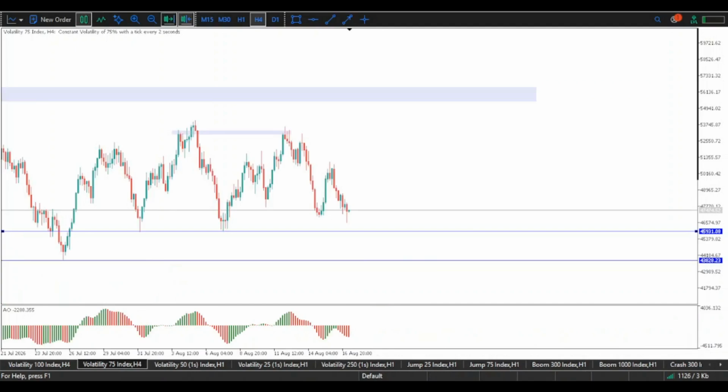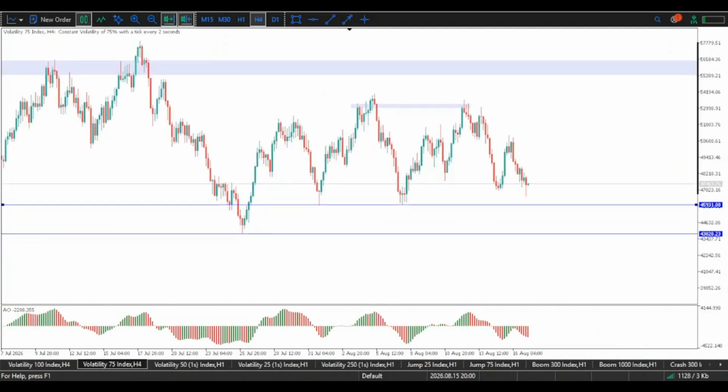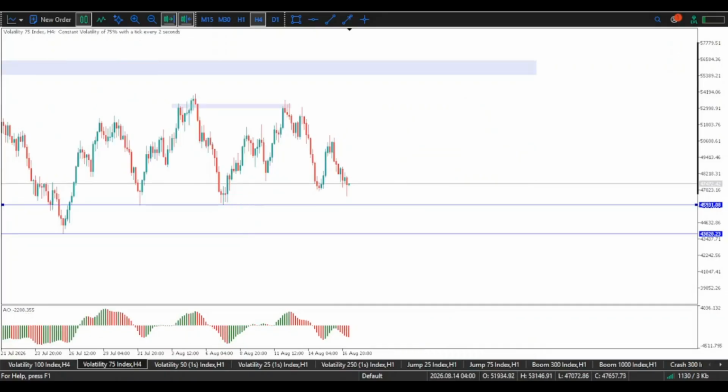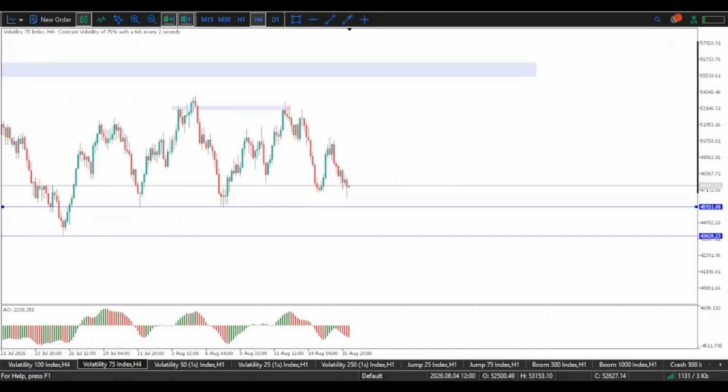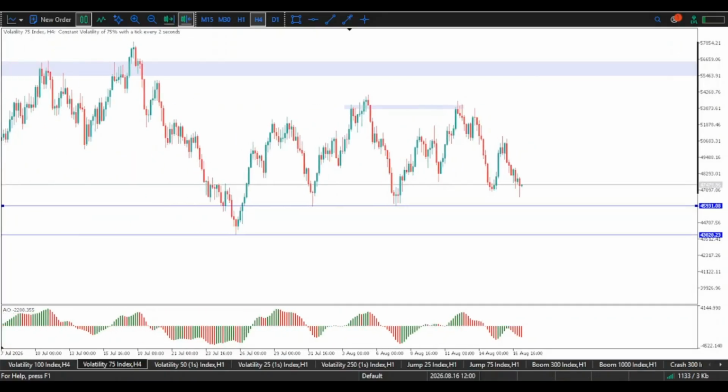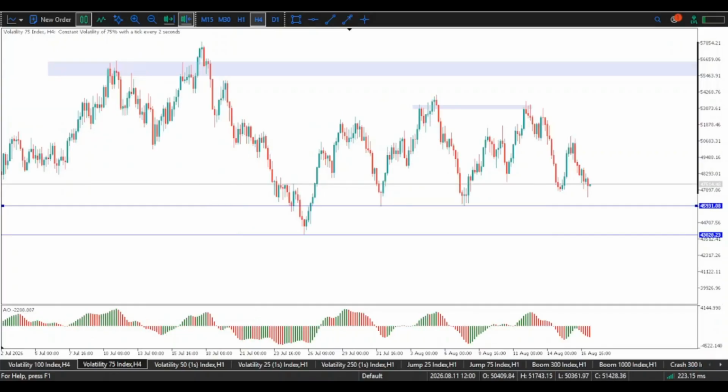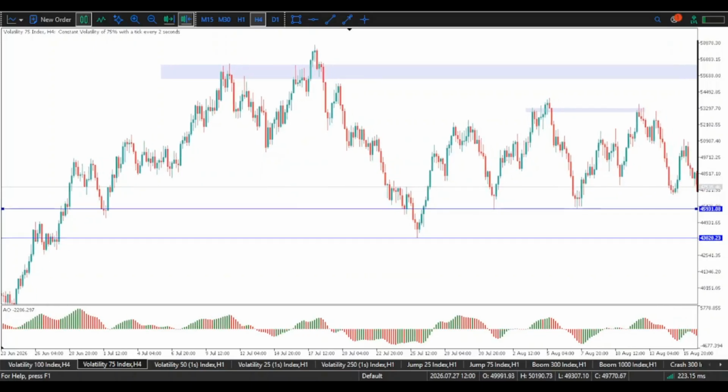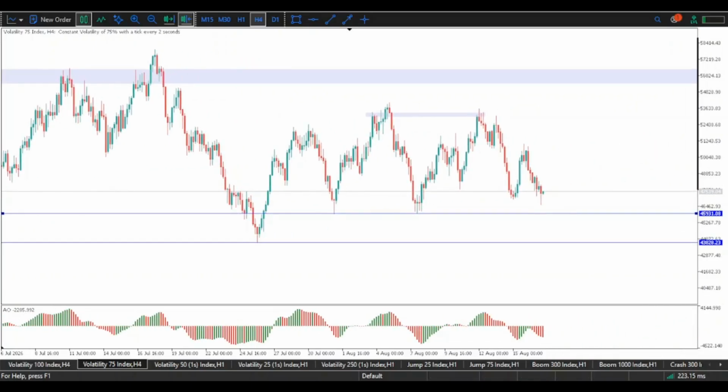But looking at it now from the 4-hour time frame, there was also this very good opportunity, and we just maximize on that for now. Then we observe how this market will play out, whether it's going to come all the way to the top or continue to the downside. So it's as simple as that, guys. Don't complicate it.